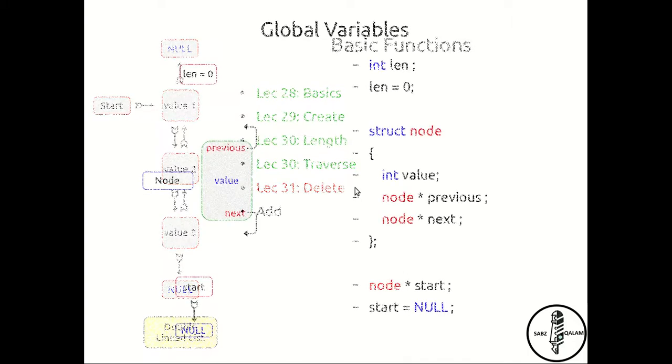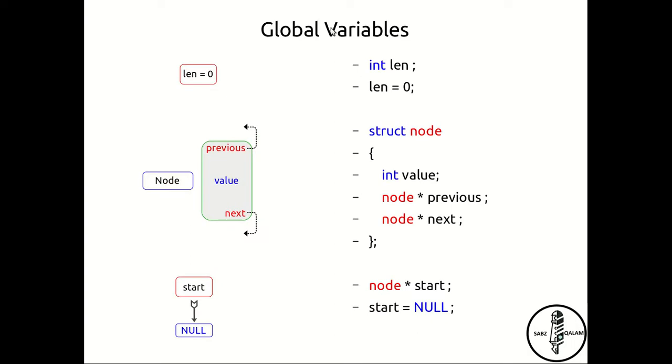Okay? As a prequel, you have these fundamental global variables. We have two of them. One of them is length, which holds and tracks the current length of the list. So whenever you add something, you add 1 to your current length, and whenever you delete something, you reduce it by 1.